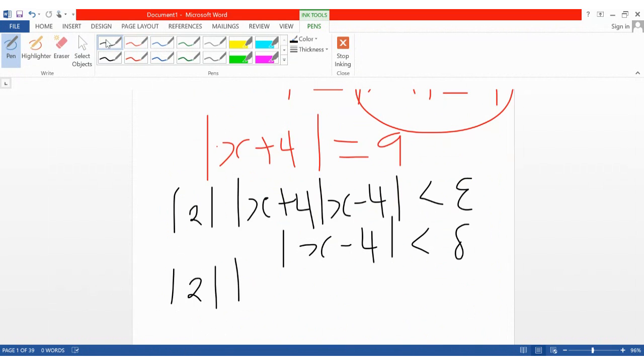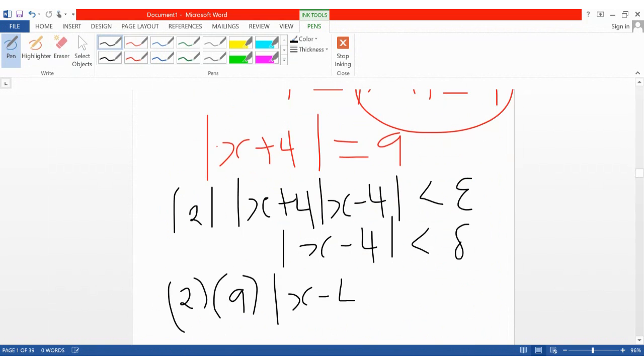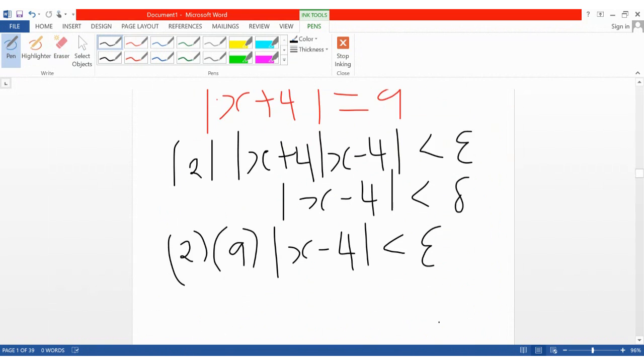The magnitude of 2 is still 2. I think I've shown you how you get the magnitude. So you shall have 2, it remains the way it is. Then we shall remain with 9 here. Then the magnitude of x minus 4 is less than epsilon, and then x minus 4 is less than delta.